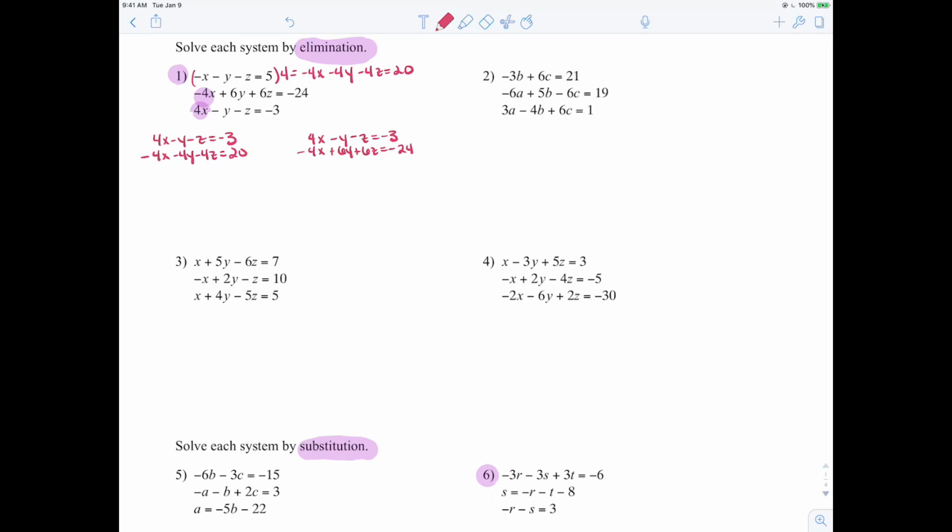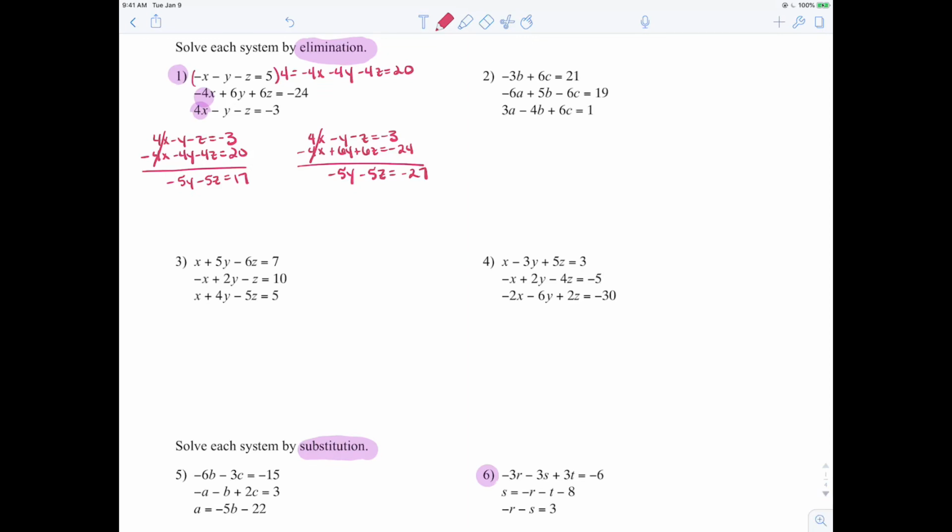So we will add these two together. The x's cancel out in both of them because that was the point, right? And we get negative 5y minus 5z equals 17. And we get negative 5y minus 5z equals negative 27.